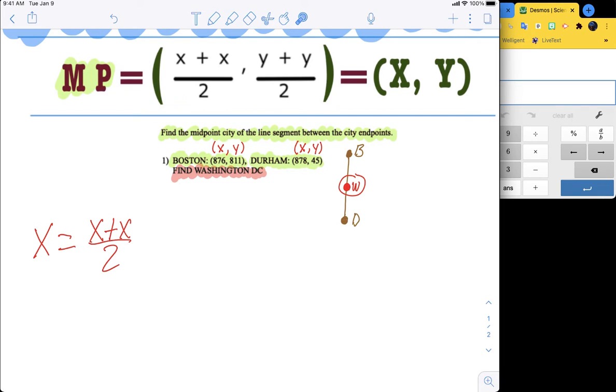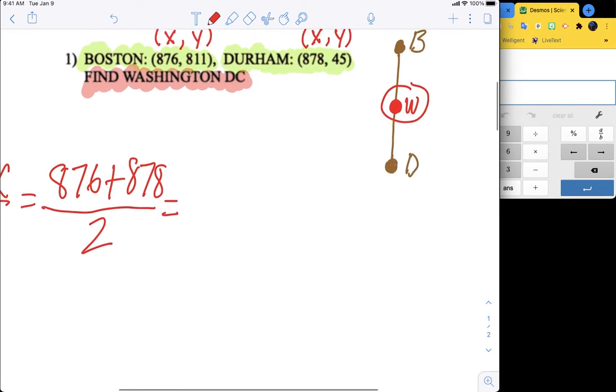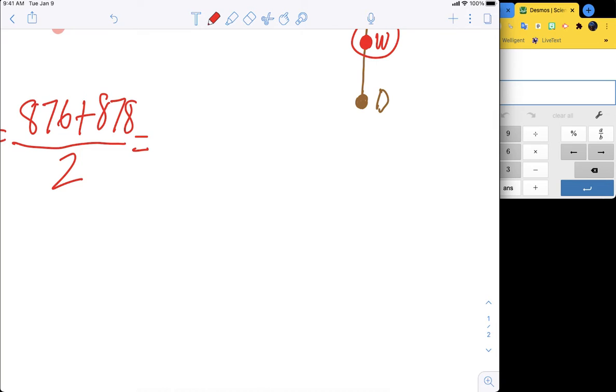So I go here and say 876 plus 878 divided by 2. There you go. And here I'm going to use my calculator.